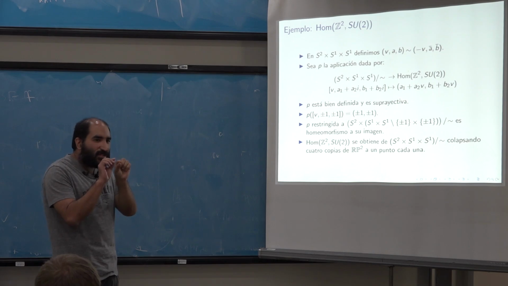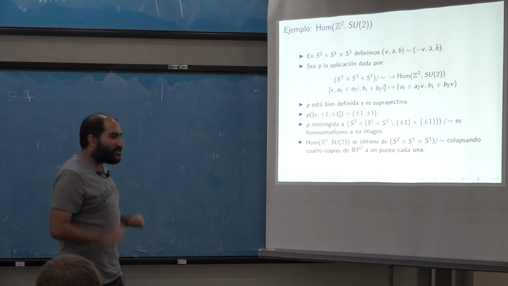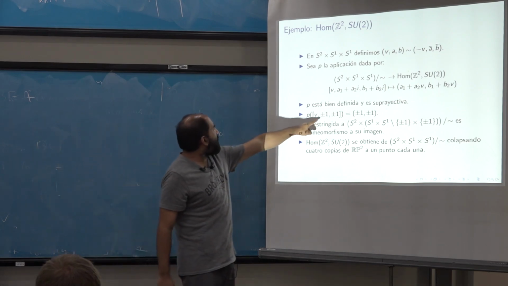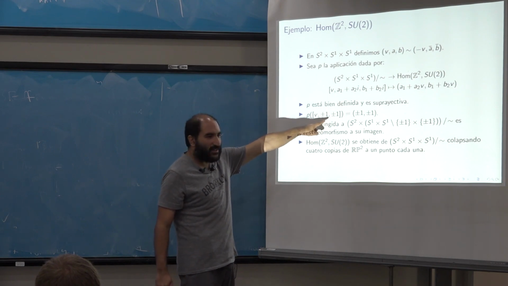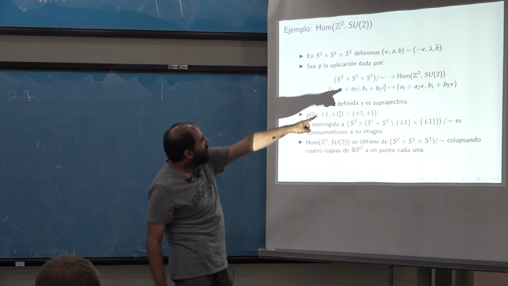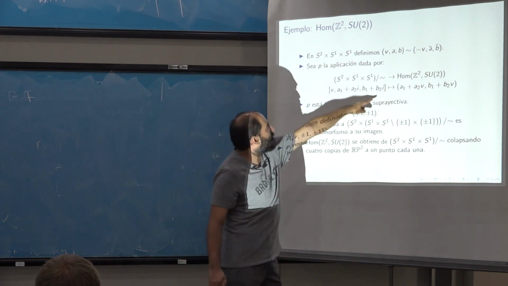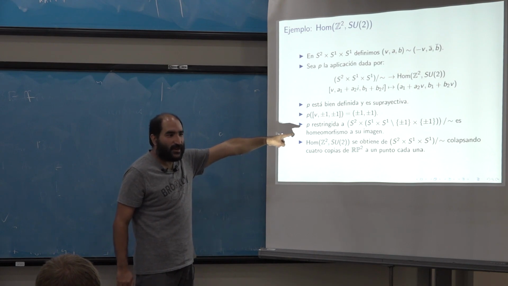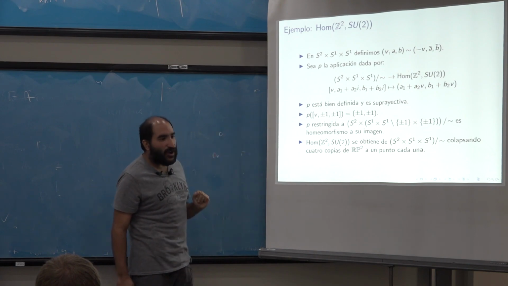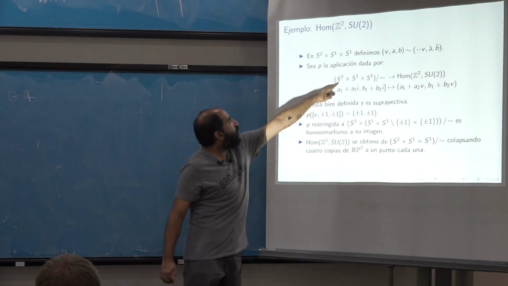It only fails to be injective in a few regions. If the unit complex numbers you picked are plus or minus 1, then since the imaginary parts a2 and b2 are 0, what vector you picked for v doesn't matter at all. So it squashes down those quotients of S^2.